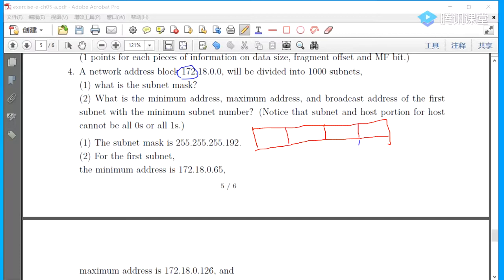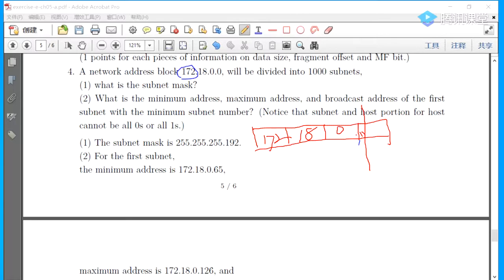The network address is 172.18.0. This byte is 0.